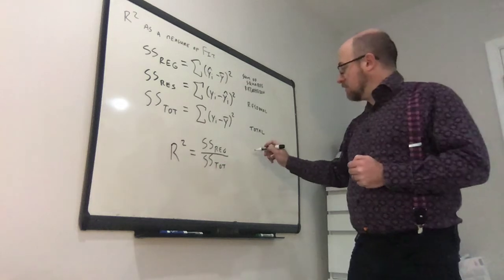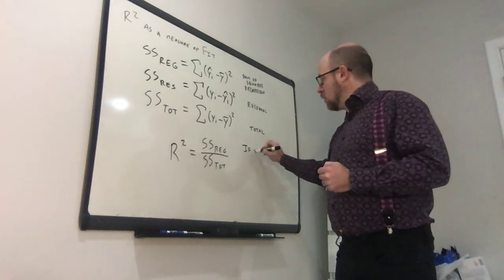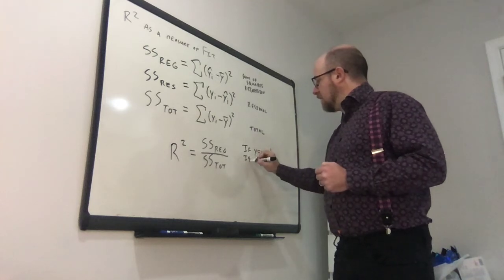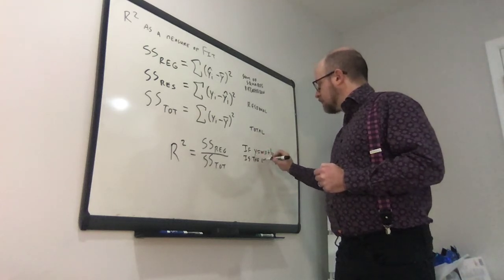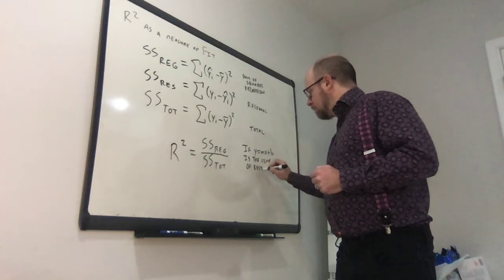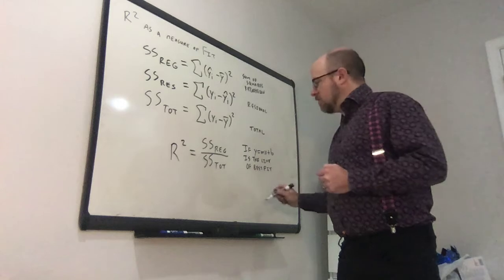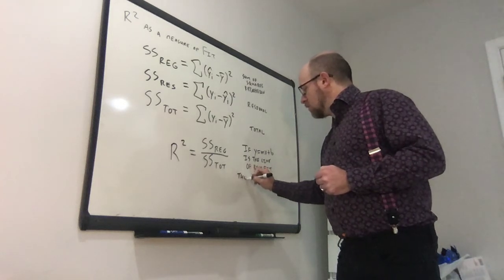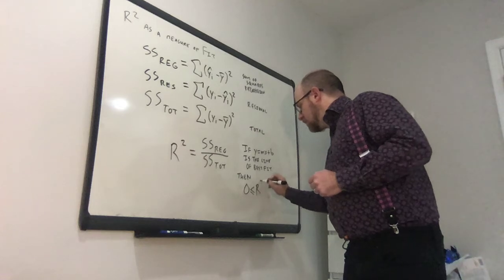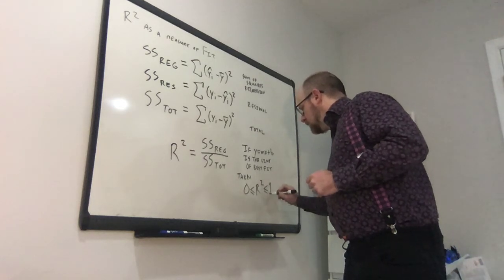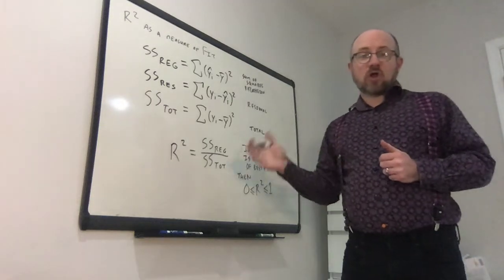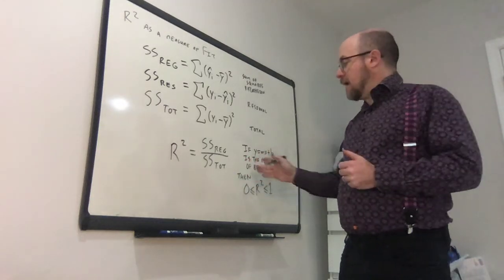So this is if y equals mx plus b is the line of best fit, then 0 is less than or equal to r squared is less than or equal to 1. And just like with correlation, the closer we are to 1, the better this is.